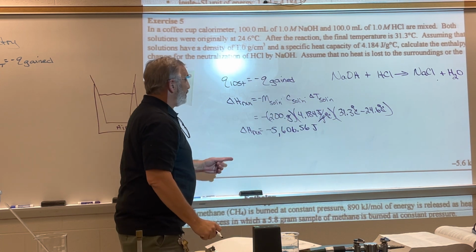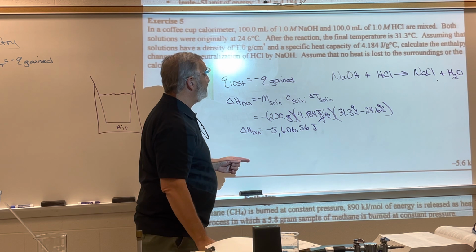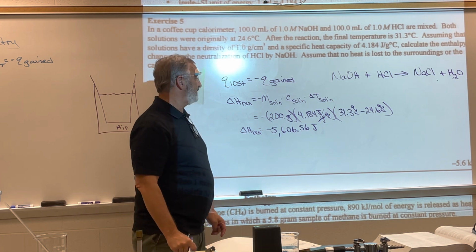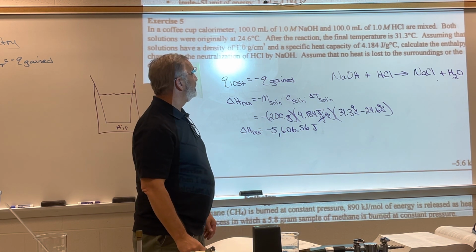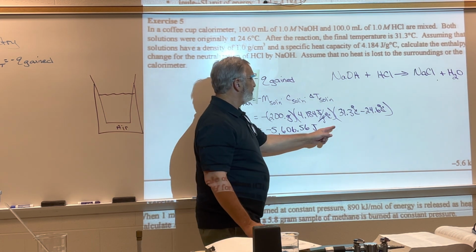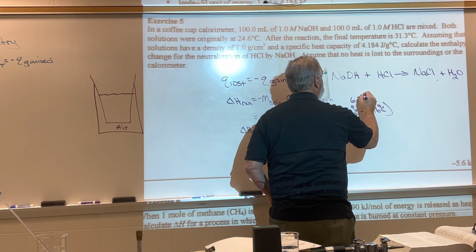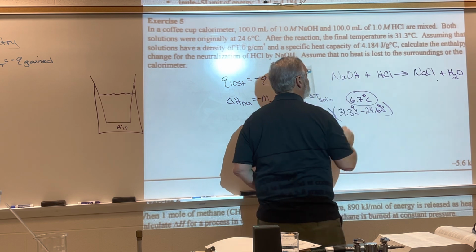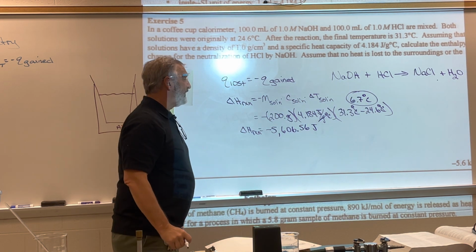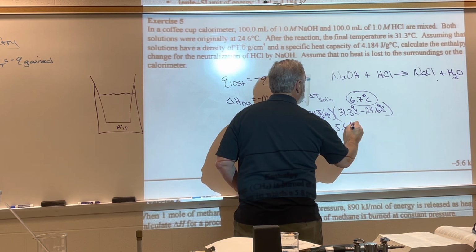Notice the answer is given in kilojoules, and we have 2 sig figs. Why do we only have 2 sig figs? Everything's given in 3 and 4. Because when you subtract 31.3 and 24.6, you get 6.7 degrees. So that is only 2 sig figs. So my answer is equal to negative 5.6 kilojoules.